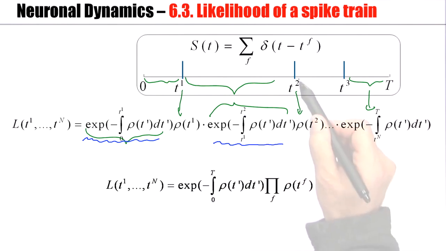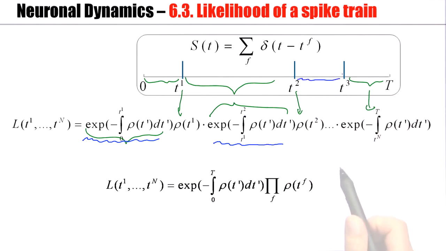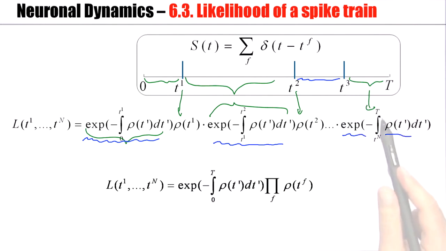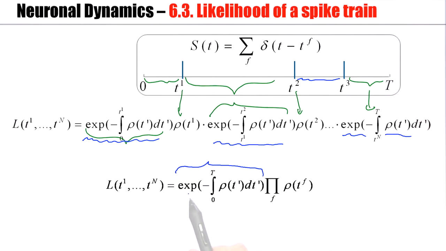The next integral would start at t2, go up to t3, and so forth until the final one, which goes from tn to capital T. So all these terms give rise to one single integral over the whole measurement interval from 0 to T.